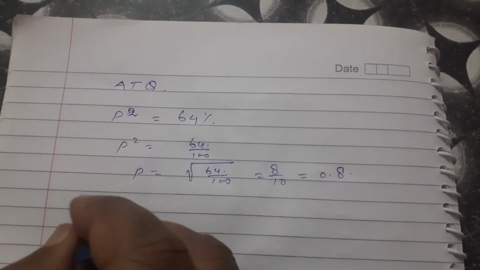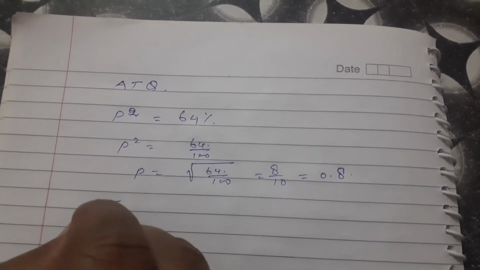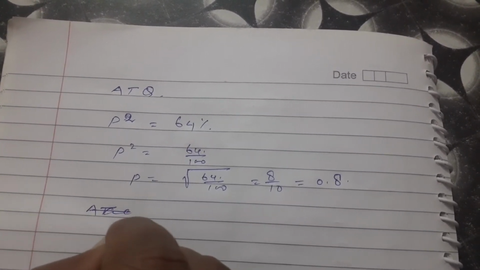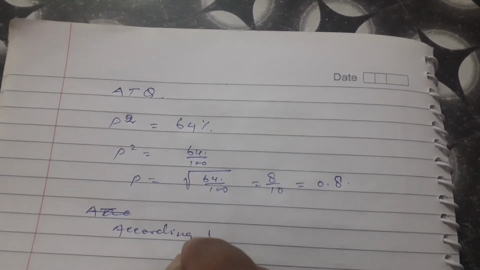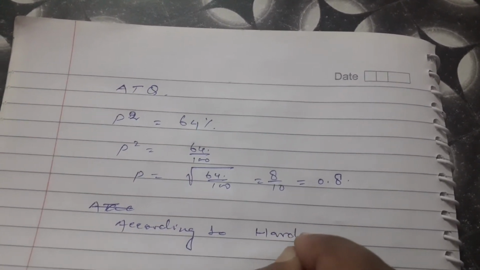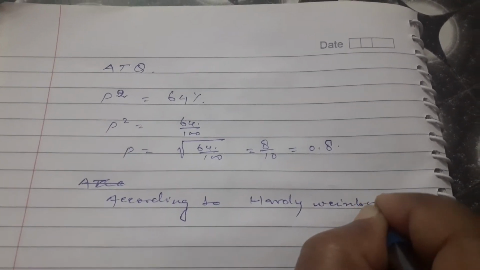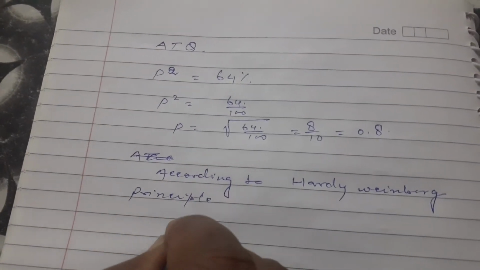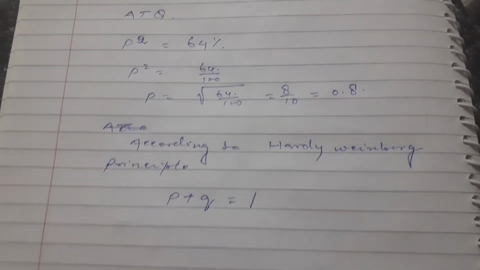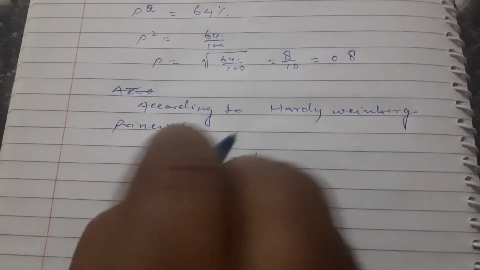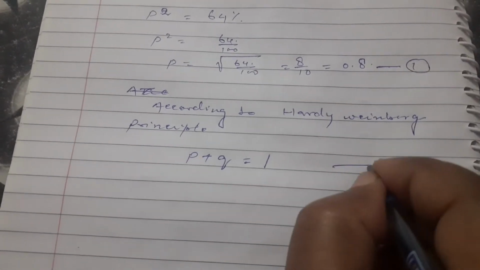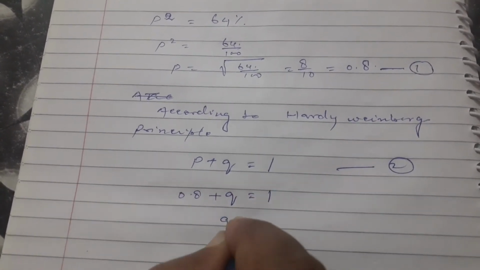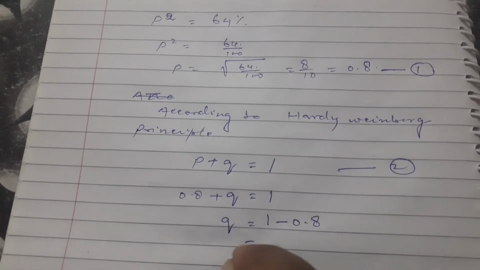Now, according to Hardy-Weinberg Principle, P plus Q is equal to 1, and you have found out P, so 0.8 plus Q is equal to 1. Q is equal to 1 minus 0.8 equals 0.2.